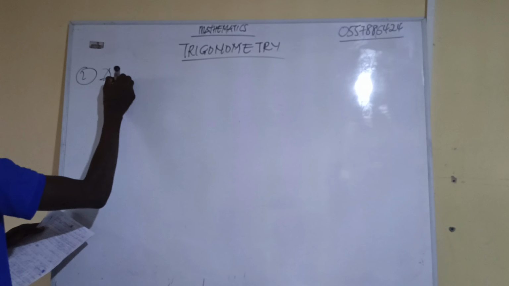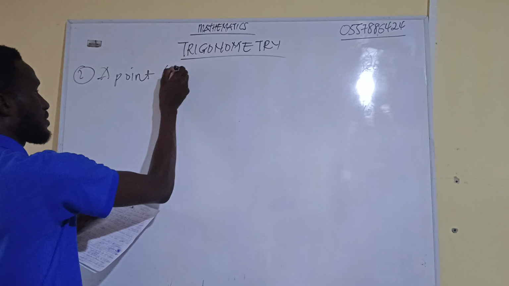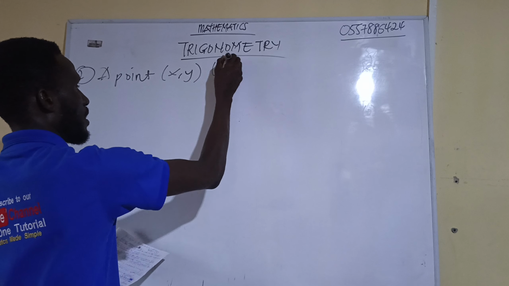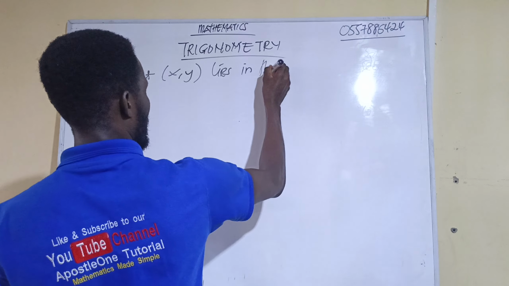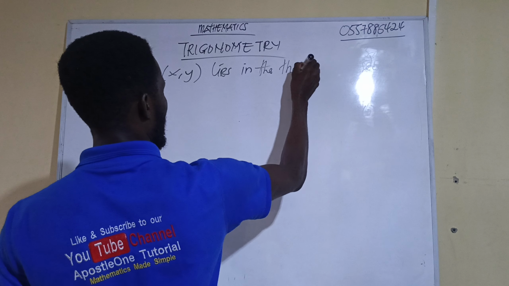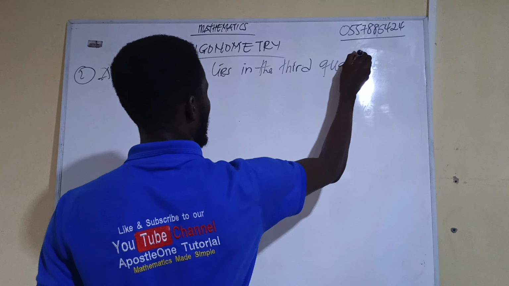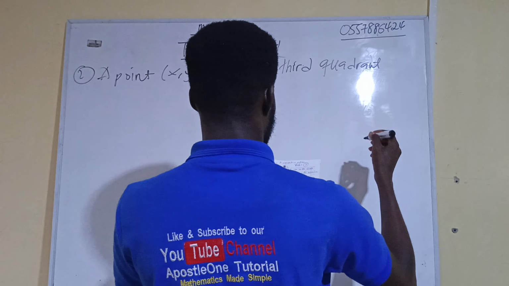Question 2. A point xy lies in the third quadrant.